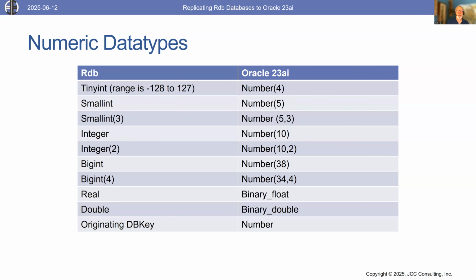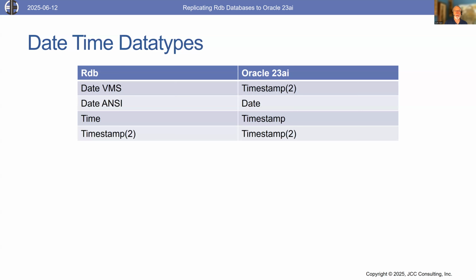For numeric data types, you would generally use the Oracle number data type with particular precisions. At the bottom, I've got this thing, originating DB key, and I'll talk about that later, but that needs to be a 64-bit integer, which you can get in Oracle with a number data type.